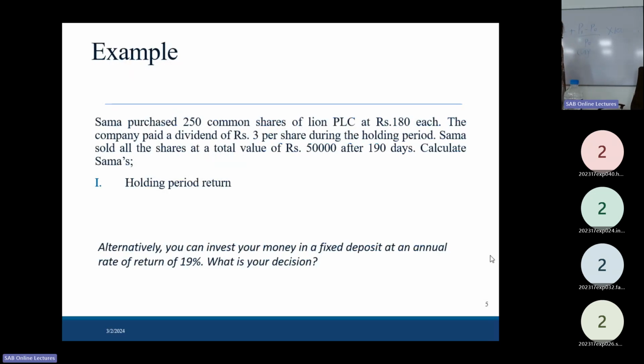Sama sold all the shares at a total value of 50,000 after 190 days. So Sama's holding period is 190 days. Calculate Sama's holding period return, for the holding days. How much is Sama's return?